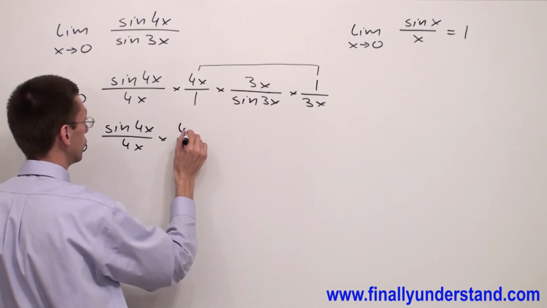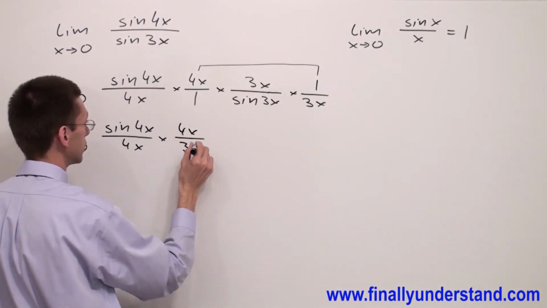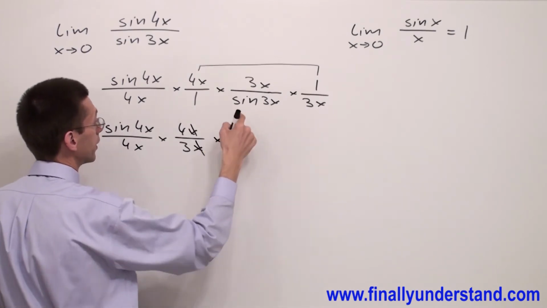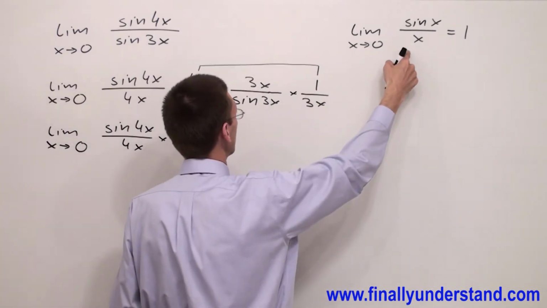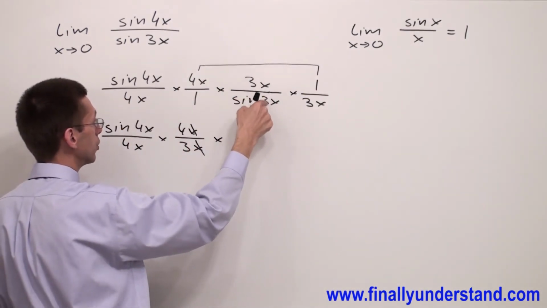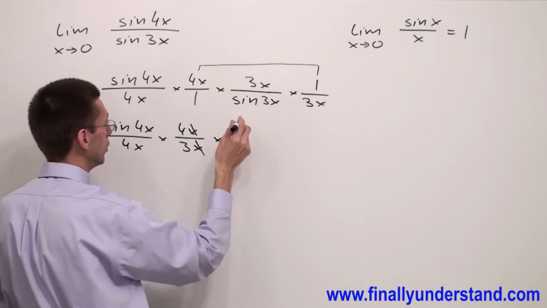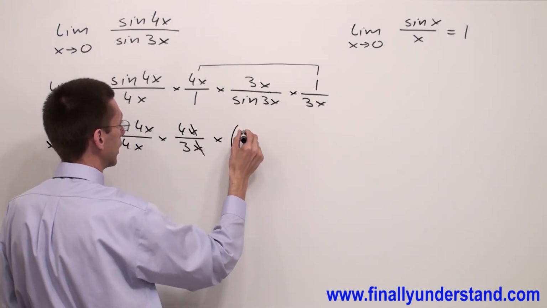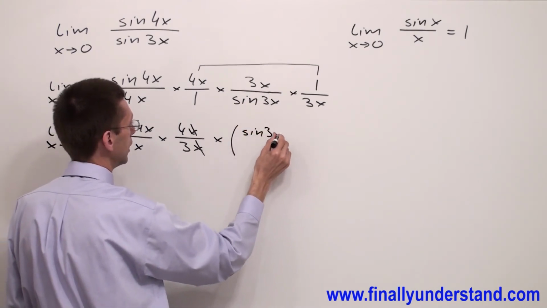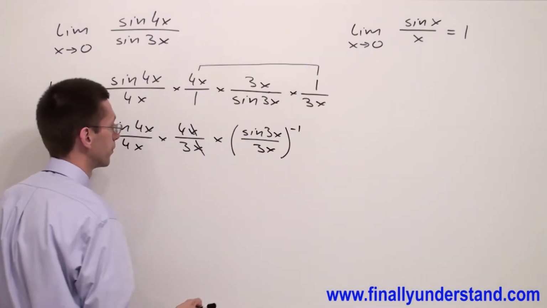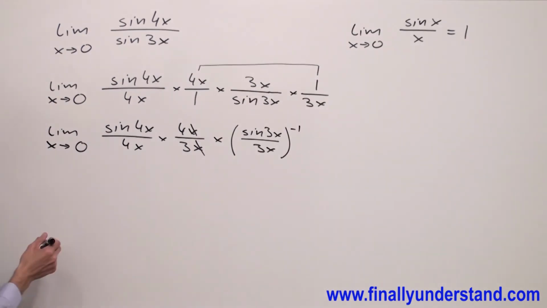I'm going to have 4x over 3x, where x and x will cancel out, times, now I want to get this form where the sine is going to be in the numerator and 3x is going to be in the denominator. That's why I'm going to simply apply the property of exponents, and I'm going to write sine 3x over 3x to power negative 1.